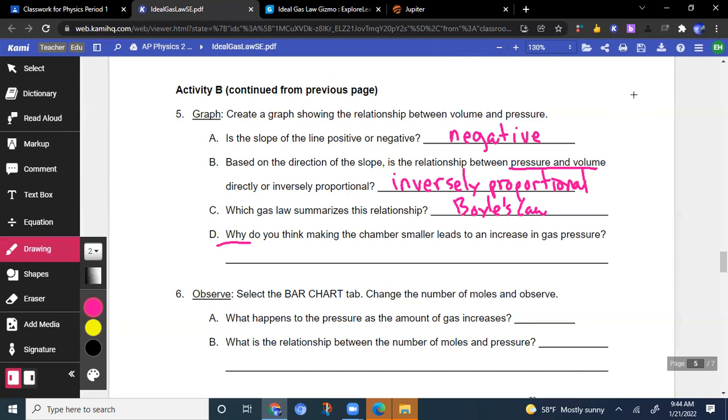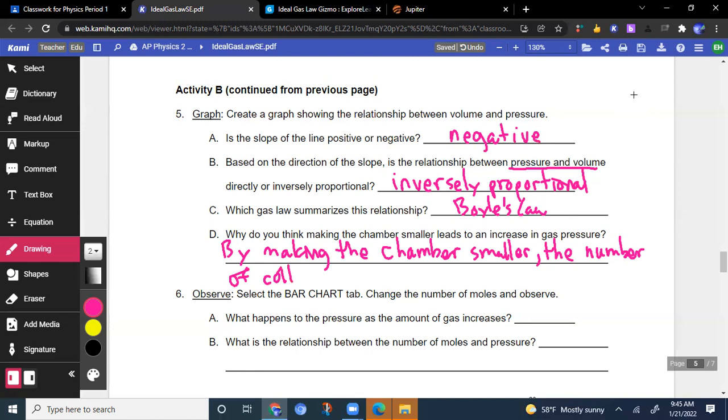So by making the chamber smaller, the number of collisions, and thus the pressure, will increase.